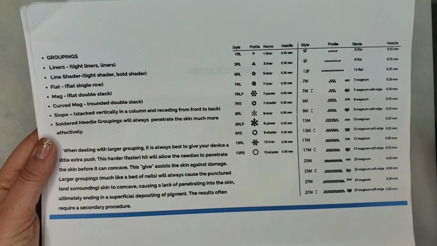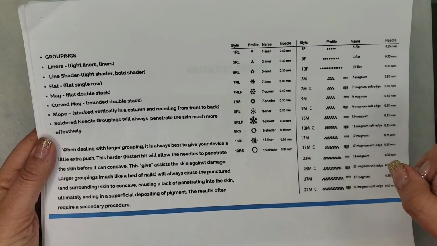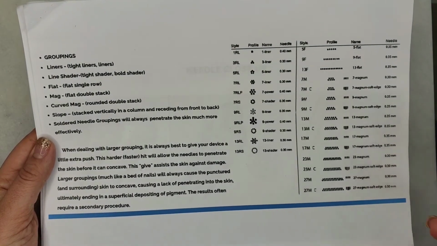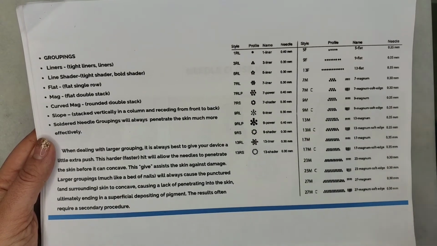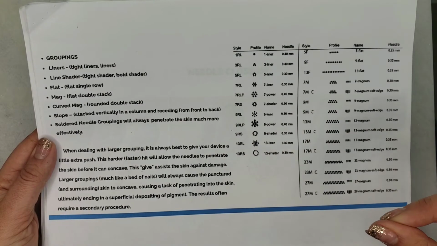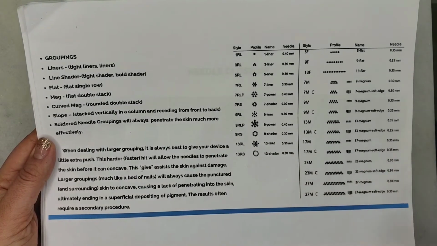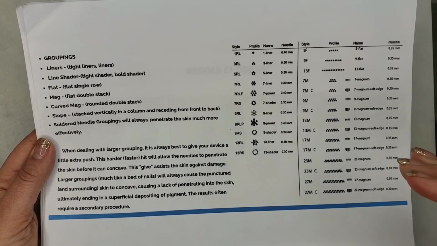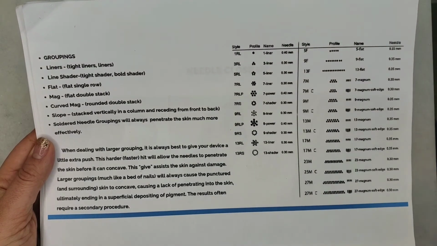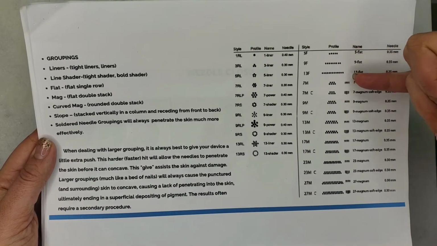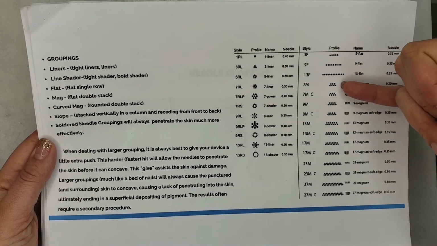Shaders are going to be in a round configuration, but the needles are spaced more apart. That will help you do more of a shading versus a liner. Your needles are closer together and they give a more distinct line and distribute the ink in a straighter line for you. And then we go into our flats and then our magnums.